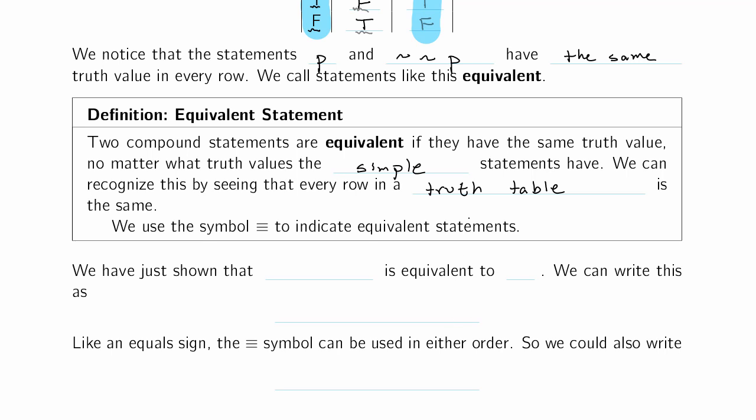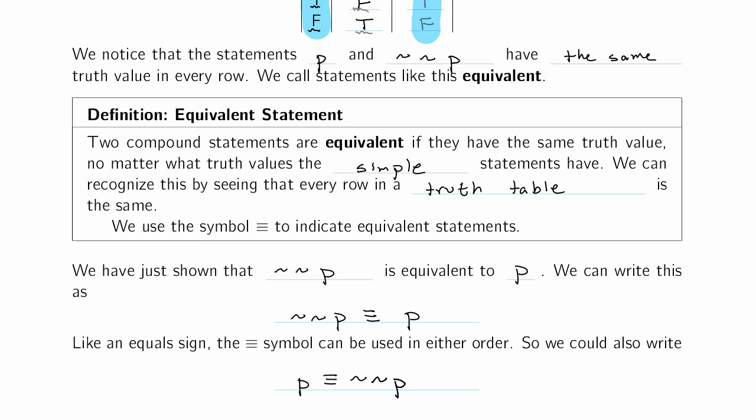What we just saw in the truth table that we made is that not not P is equivalent to the simple statement P. So we would write not not P, and we read this symbol as "is equivalent to" P. Like an equals sign, that equivalent symbol can be used in either order. So we could also write P is equivalent to not not P.